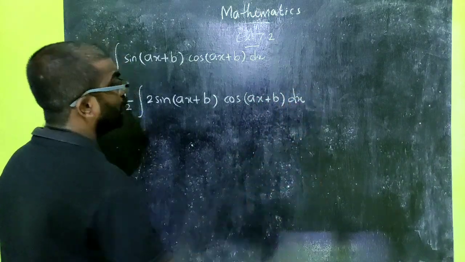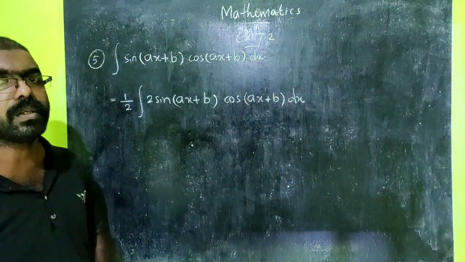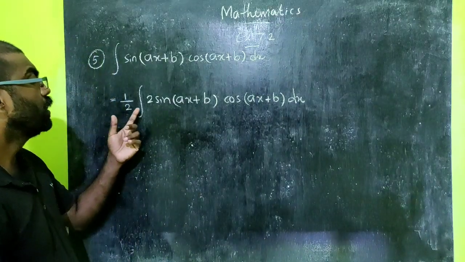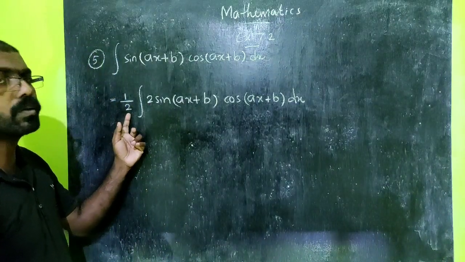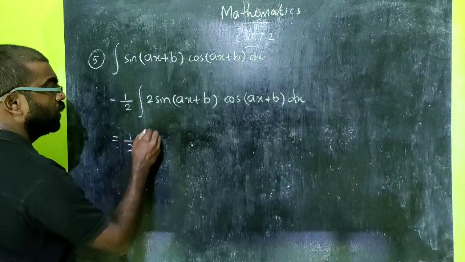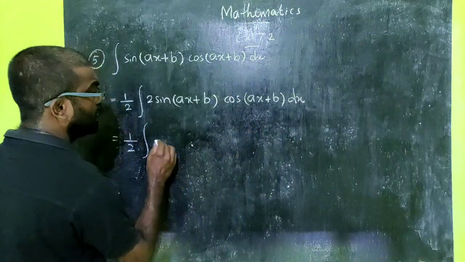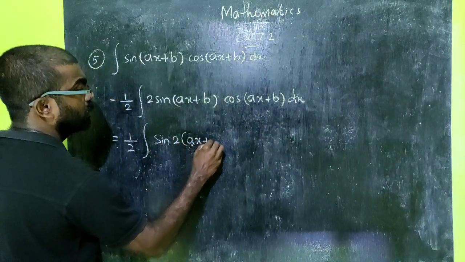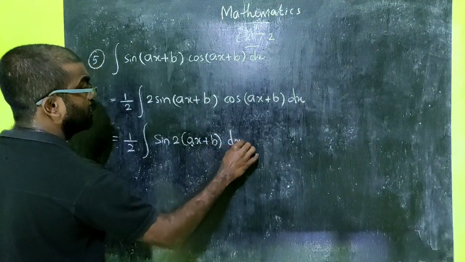We know 2 sin x cos x is equal to sin 2x. So to obtain that formula, we do this. We multiply by 2 and divide by 2. So which gives 1 by 2 into integral. This whole term can be written as sin 2x. So sin 2 into (ax plus b) dx.